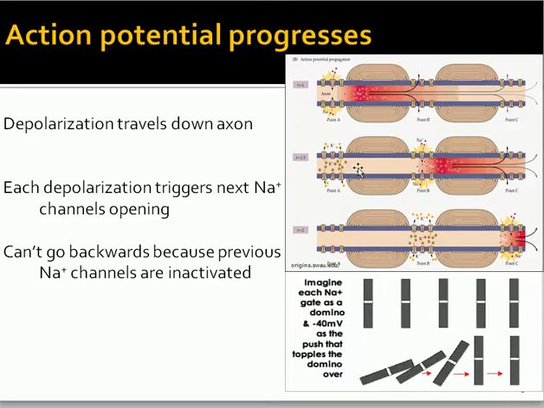You don't want the charge to go backward. You don't want the action potential to go backward. You want to keep it moving forward. So as that positive charge moves forward, it's going to open up the next section. It's going to cause that action potential to move. When that positive charge starts to move backwards, it can't do anything. It can't open this up because those sodium channels are refractory. They're inactivated.